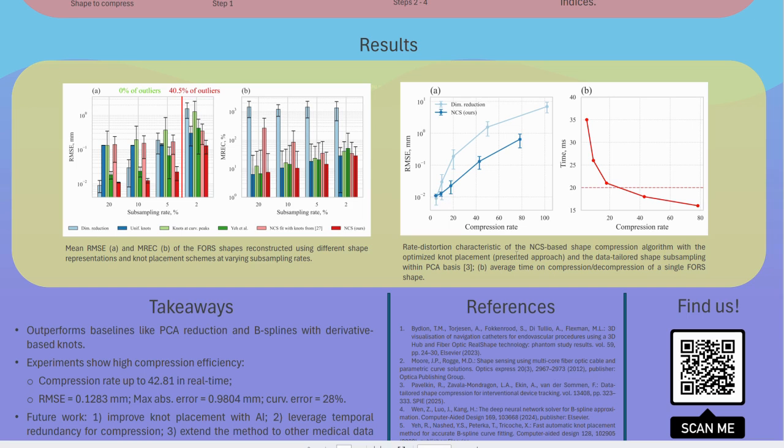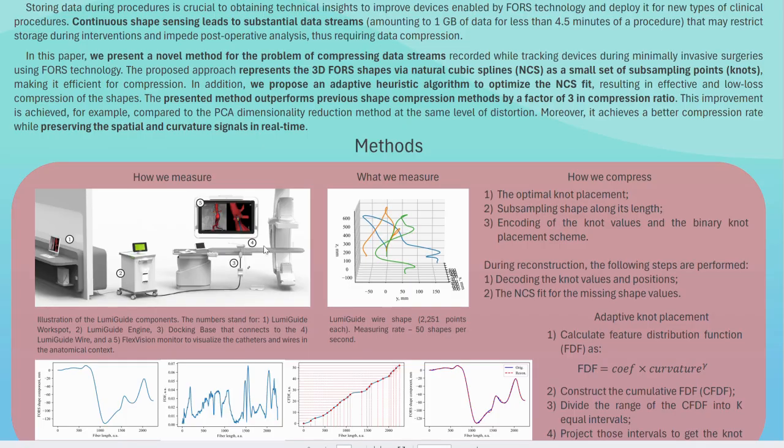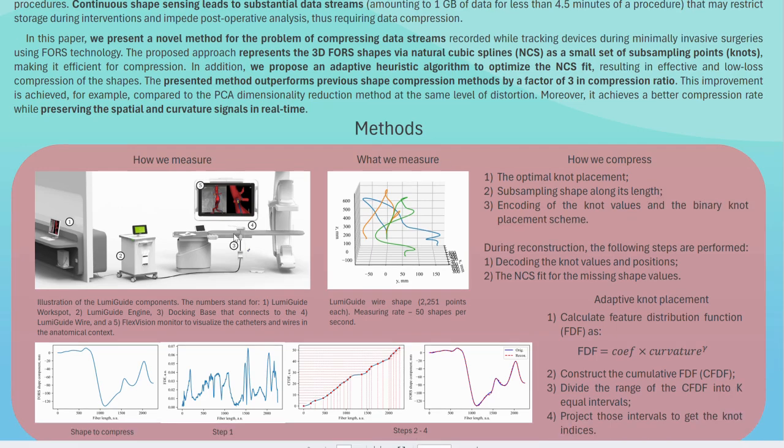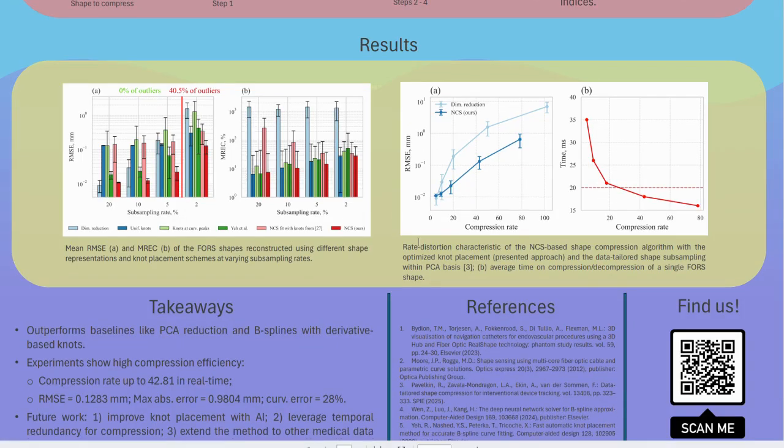Also, it's important to bear in mind that we're interested in real-time compression because everything happens in real time during the surgery here. So we need to display the device within the body with minimal latency. And minimal latency for 50 shapes per second is 20 milliseconds. And this plot shows us the characteristics of compression rate versus time.